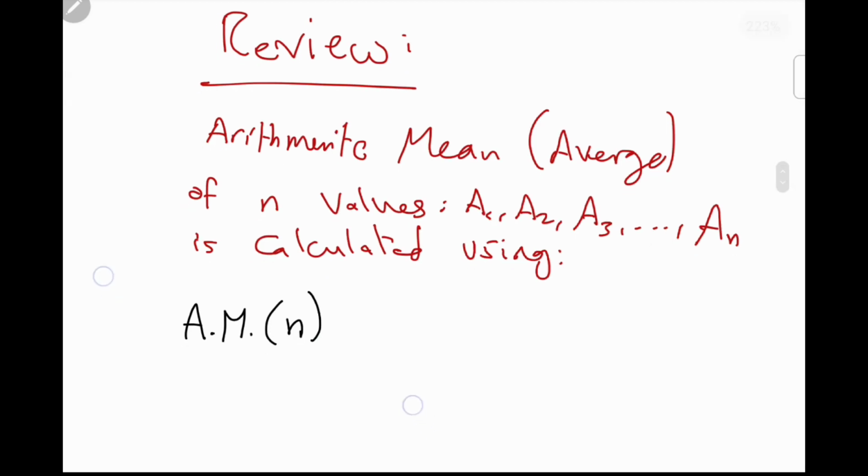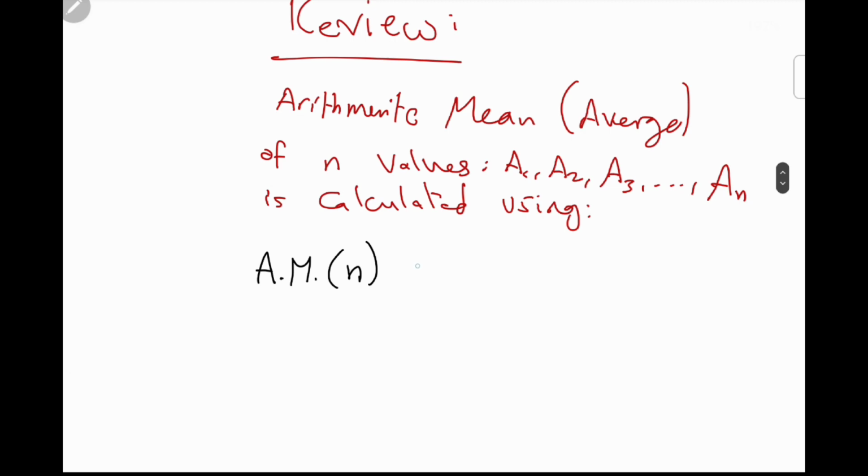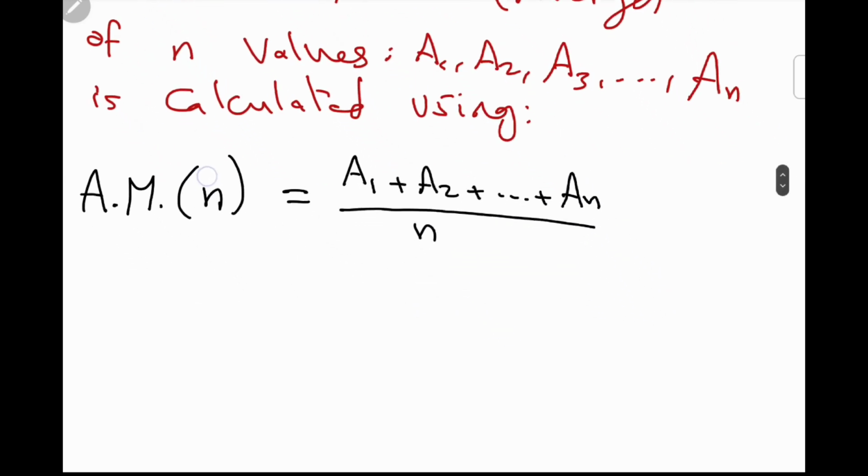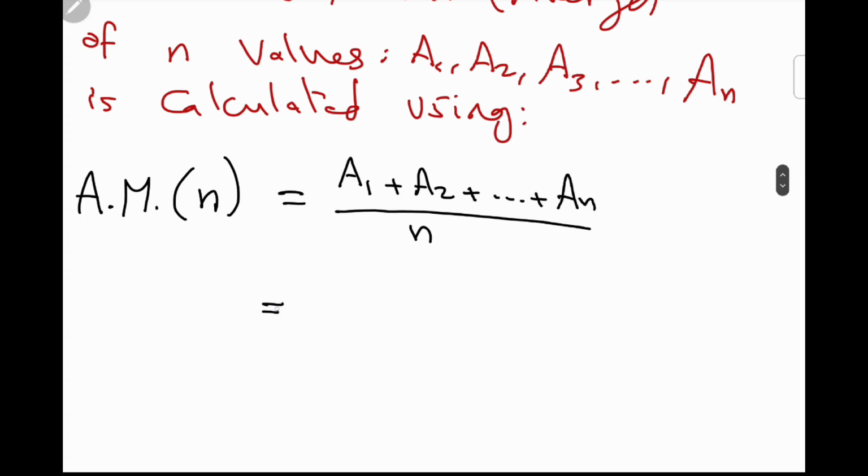These are the N values, and this is equal to the sum of the N values divided by N. Another way to express this in more compact form is 1 over N times the sum of the N values, using the sum symbol.